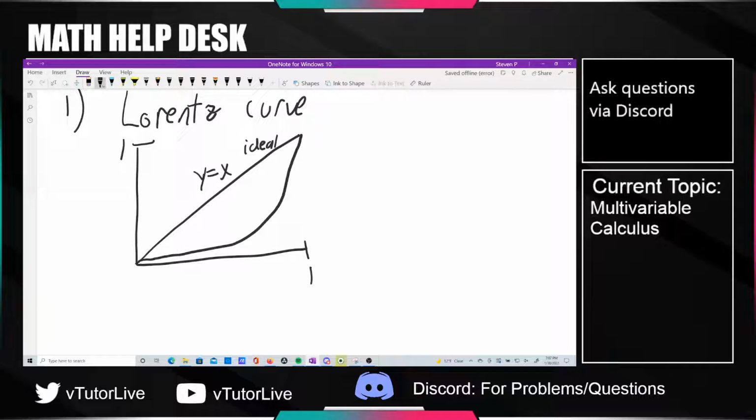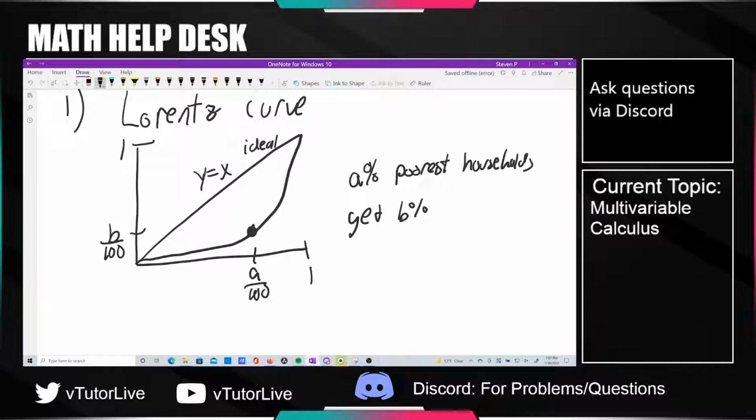And what this means is basically saying that if this is A and this is B, let's call that maybe A out of 100 and B out of 100. This is basically saying the A% of poorest households receive B% of the money.